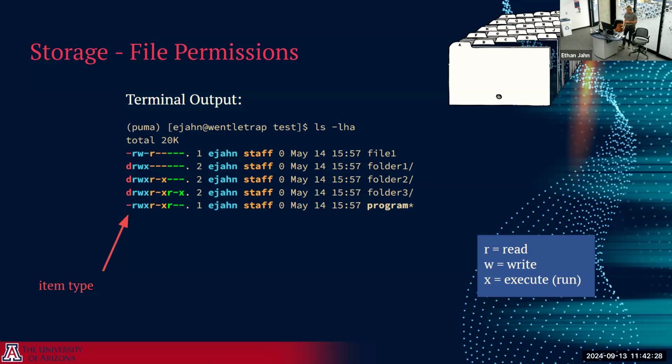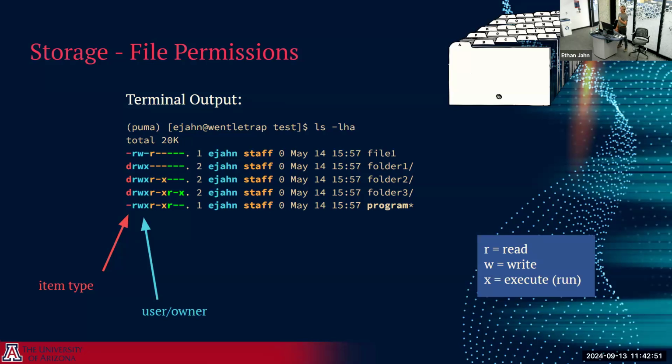On the left-hand side, colored in red, we have the item type. A normal file is indicated by a dash, and a directory is indicated by a d. After that, these are the file permissions that correspond to the owner of the file. I've color-coded things here, so all of that blue corresponds to that username in blue.